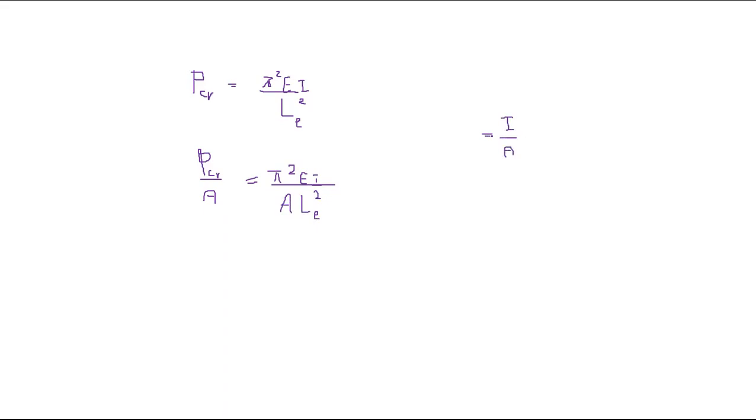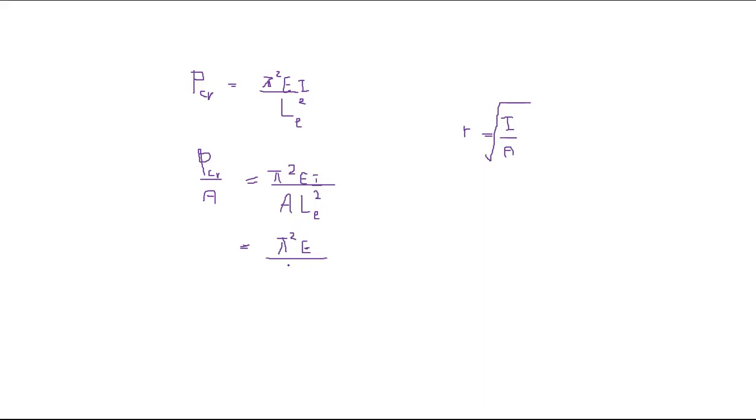The radius of gyration, right? So this can be written as I over A means r squared, right? So you can write the final equation as this.